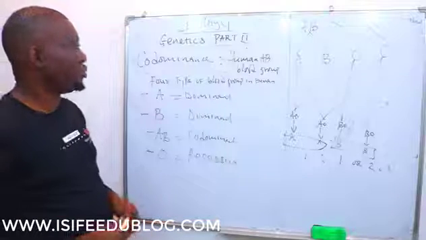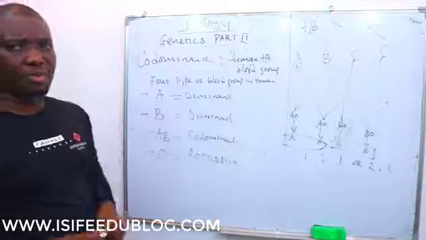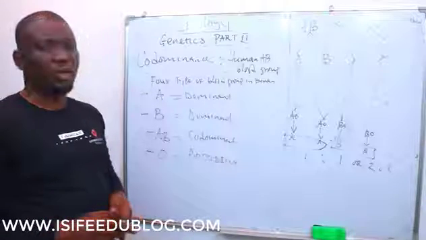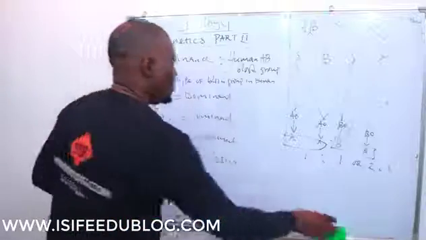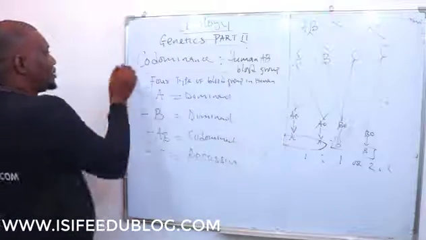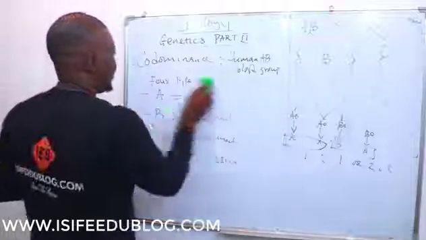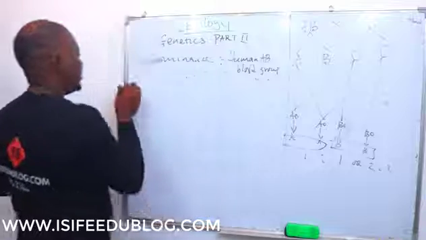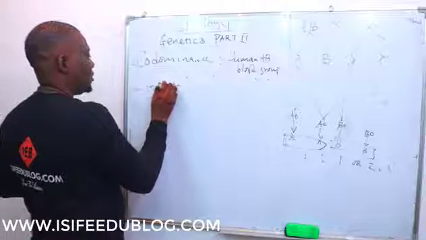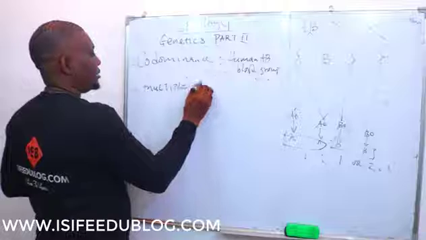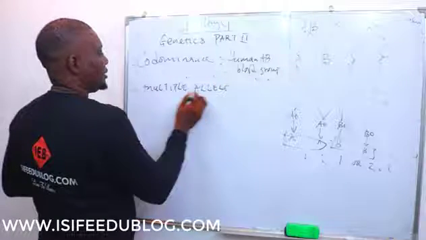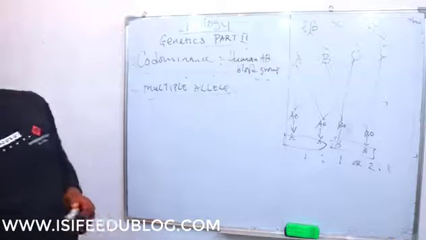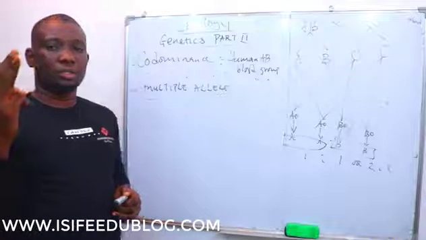So an example of codominance is seen in the human ABO blood group. And then quickly I'll take it to the other inheritance that also deviates from Mendelian's principle, which is multiple allele. That is the second aspect of inheritance that deviates from Mendelian's principle: multiple allele. This is a case where one gene controls 3 pairs of character.